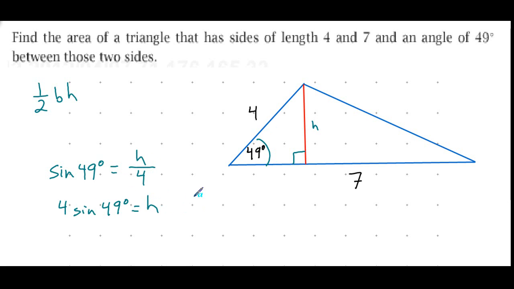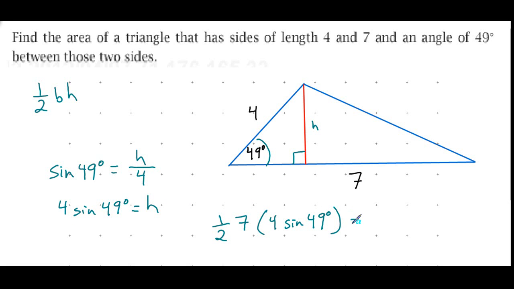Given this value, I can find that height. Now I sub this value back into the area of the big triangle. The area is 1/2 my base, which in the big triangle is 7, times my height, and my height is nothing more than 4 sine of 49 degrees.